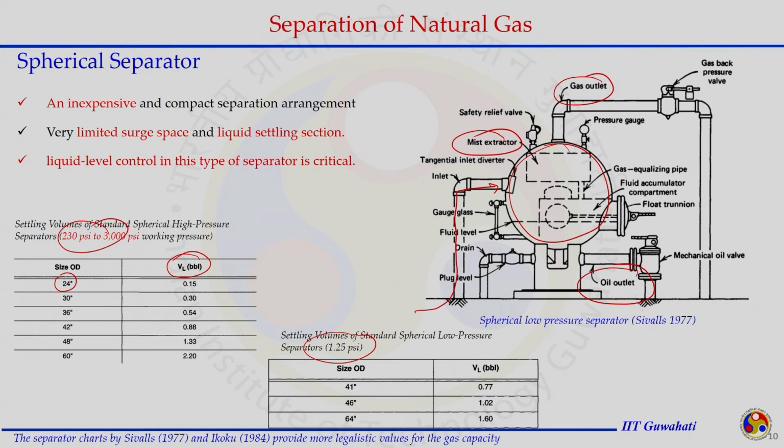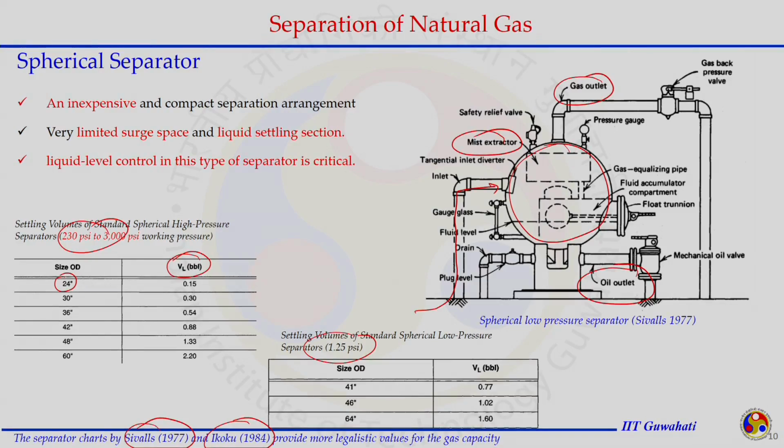These tables are one type of guideline. There are some charts by Sivalls in 1977 and again further by Ikoku in 1984. They have prepared some charts for the separator. They provide more logistic value for the gas capacity. Here with these charts or tables, we are supposed to calculate the amount of liquid we are going to deal with, and then calculate how much gas capacity we need, while these charts provide it in terms of gas capacity.